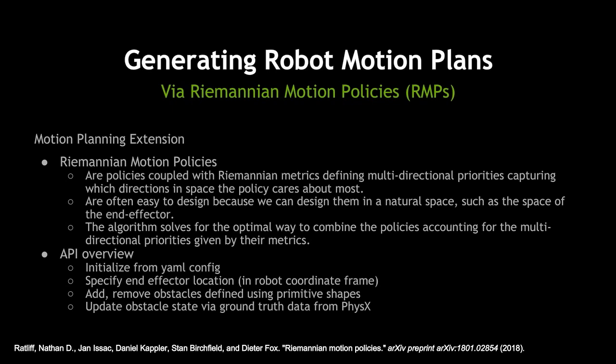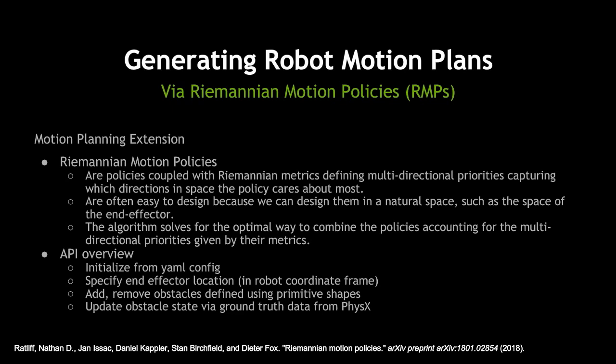We have one in there for the Franka robot, but let's say you had a UR10, you could modify the YAML config to add or remove the joints needed for your new robot, and then tune the parameters there such that your robot moved optimally. For the next release, we do plan on providing a little bit more documentation for this. Right now, it's a little bit hard to change the robot, but it is possible.